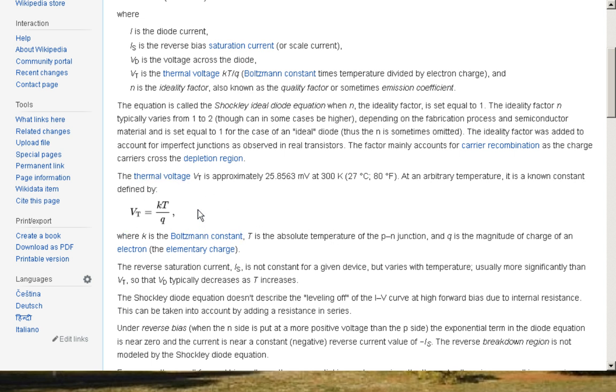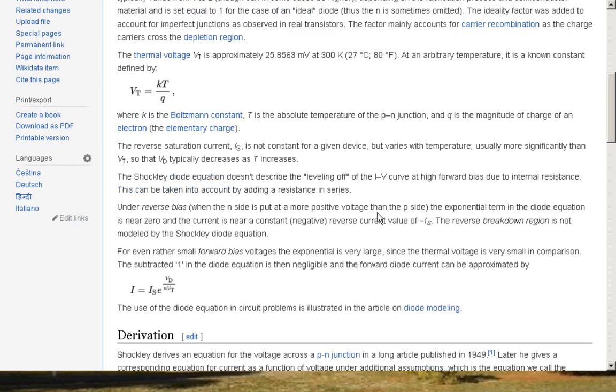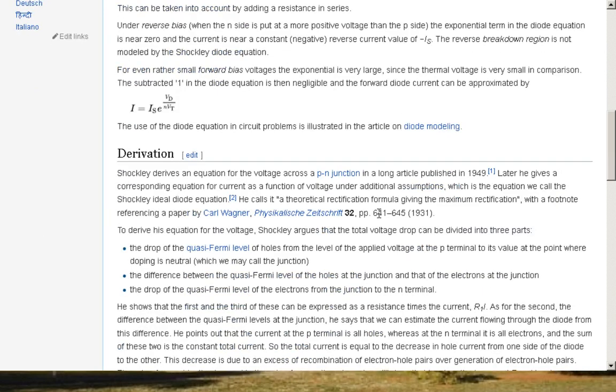That's an interesting equation. It's simple, but it's very interesting.